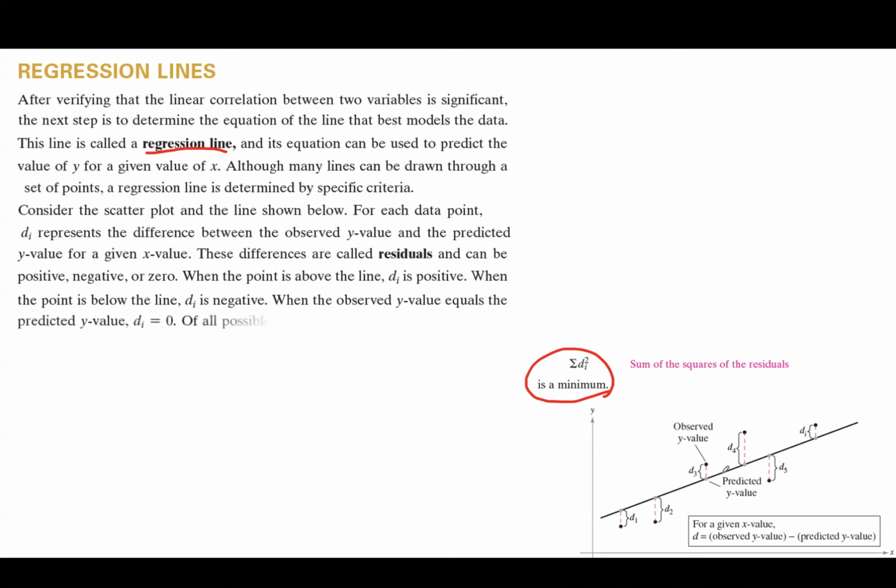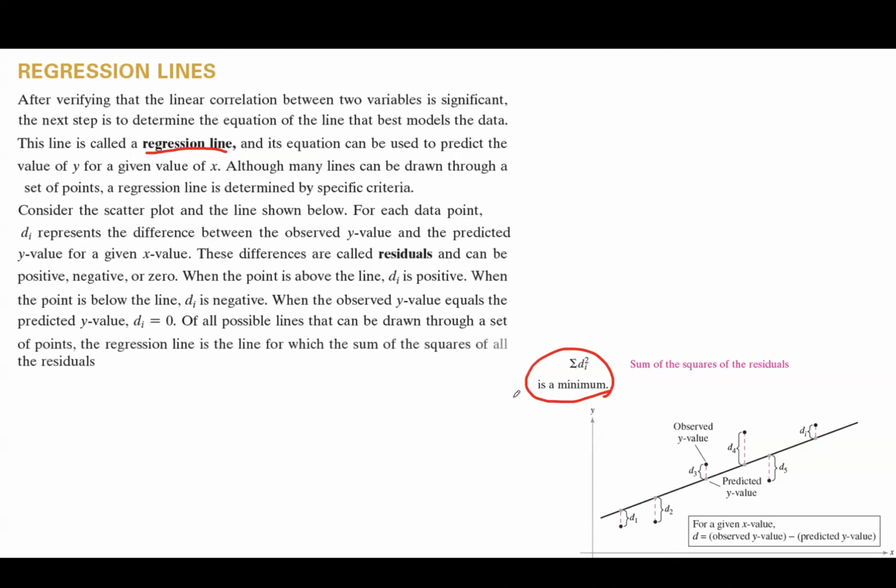So sometimes we have a positive residual, like these three cases, and sometimes we have negative residuals, like these 3 points below the line. And again, for a regression line, we want the sum of the squares of residuals to be minimal.